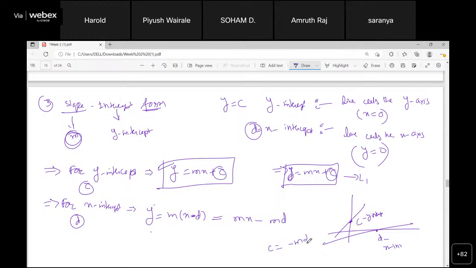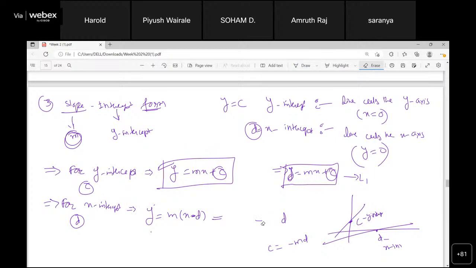This is because my m is y2 minus y1 upon x2 minus x1, and d is also an x-coordinate. If I put x equal to 0, I will get the y-intercept only. In general, if we have the point, we can discuss that.